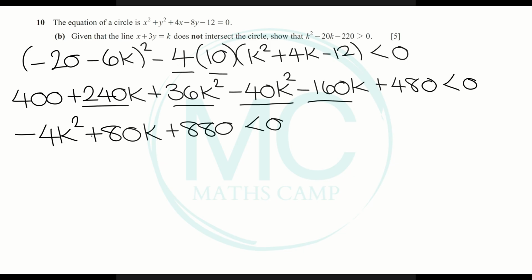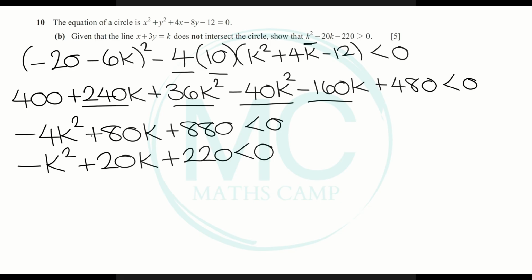In our question, our square term is without a constant. So let's divide all 3 terms by 4. I'm going to get negative k squared plus 20k plus 220 is smaller than 0.